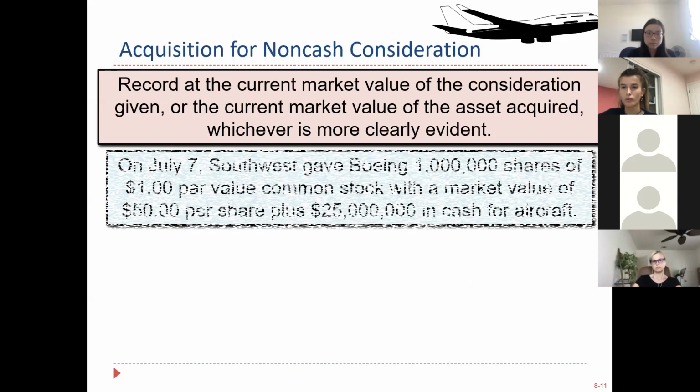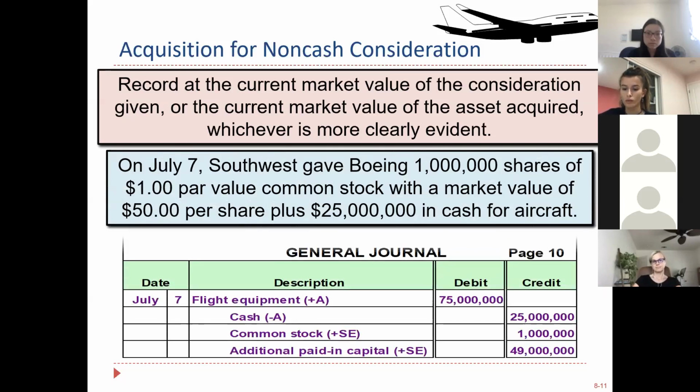What happens here is this journal entry. Flight equipment is still a debit for 75 million.